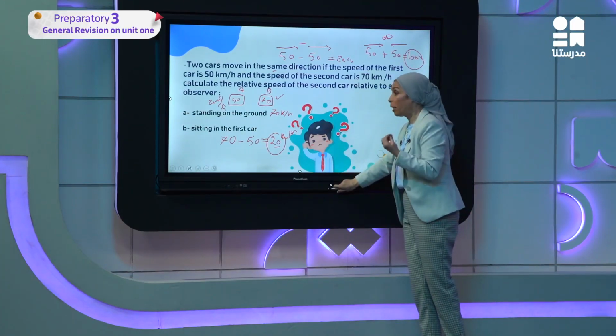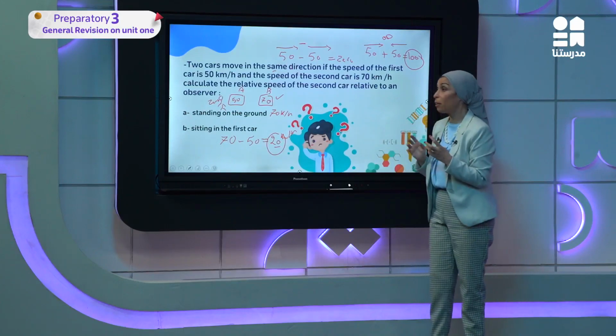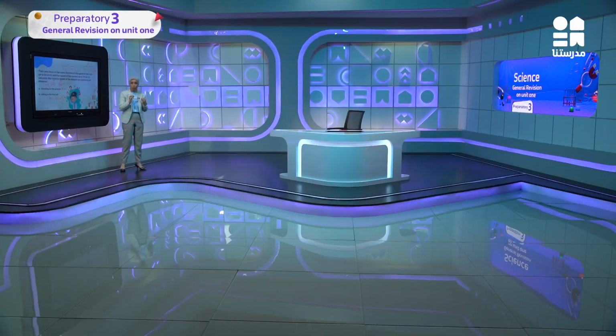Double the speed. It's a very important note. You have to take it into consideration and take care when solving this problem.